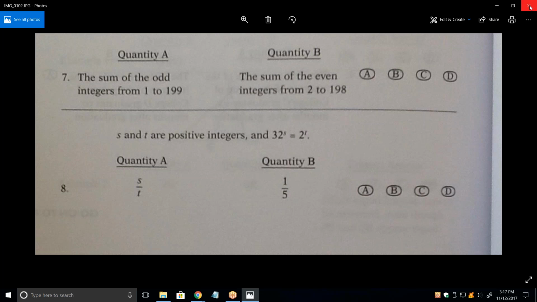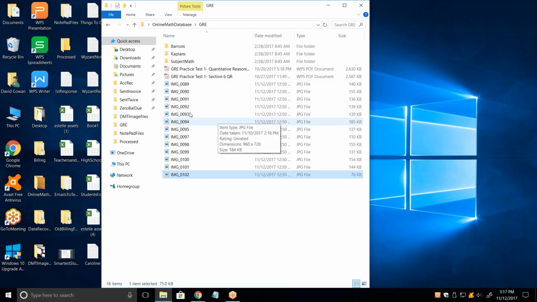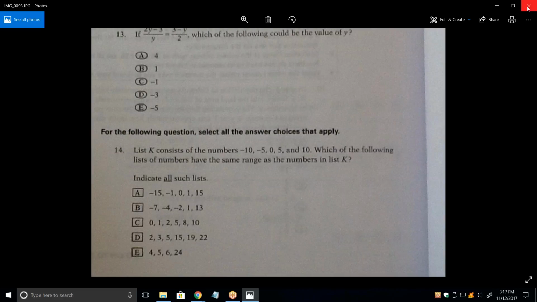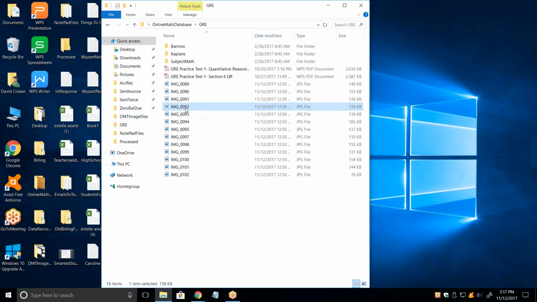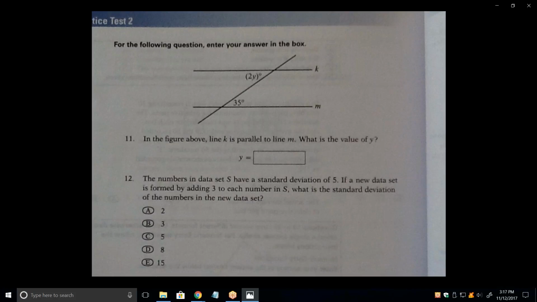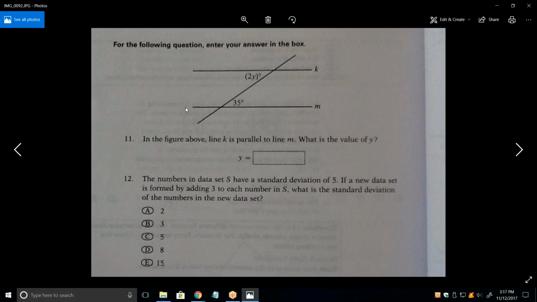Now, I think the next page, I was looking at them, I believe is 93. No, it isn't. It isn't that important that we go through them in numerical order. But it's going to be hard to figure out what we've done and what we haven't done if we don't.